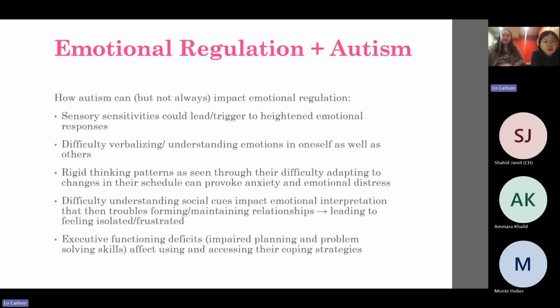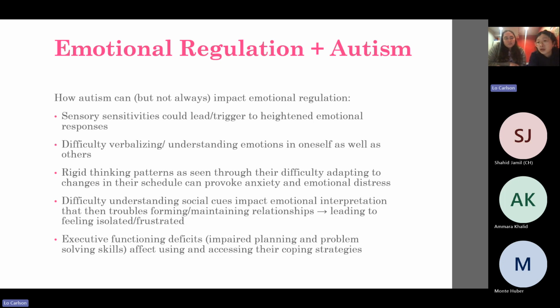And with that, emotional regulation and autism. We're going to talk about how autism can, but again, not always, impact emotional regulation. Some sensory sensitivities could lead to and trigger heightened emotional responses. Difficulty verbalizing and understanding emotions in themselves as well as others is another thing.